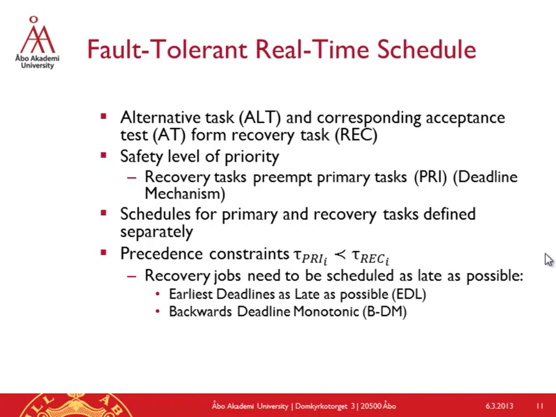To define the schedule for this fault-tolerant system, we have to provide some sort of scheduling algorithm. The scheduling algorithm should provide us the ability to mask all possible problems which might be caused by potential and predictable behavior of the primary version of the task.